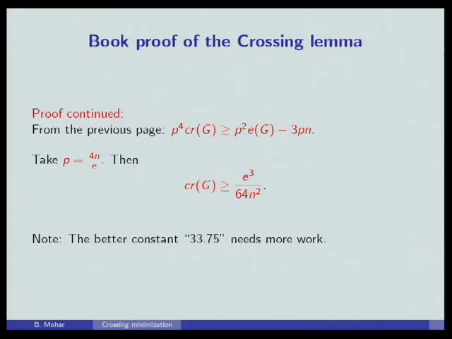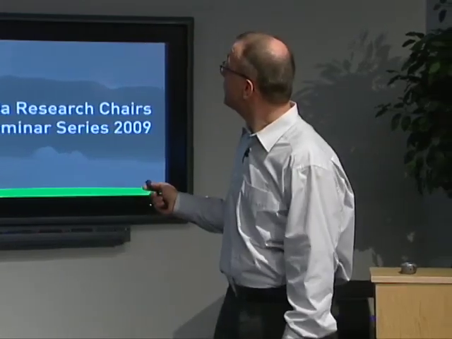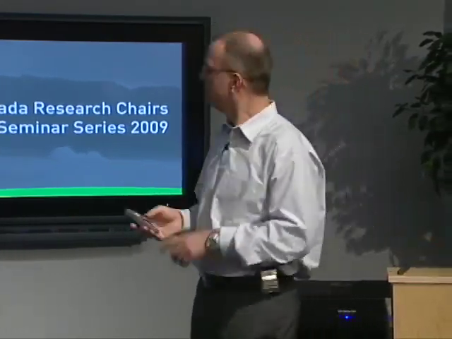If you plug in the probability of this form, then you get the crossing number is at least, you remember, e cubed over n squared divided by a constant. In the theorem, the constant was, I'm not sure you remember, 33.75. But that was another paper, so that takes more time to prove. But just to get this bound, this is something that an undergraduate mathematician can understand, and some people say this is one of the book proofs.